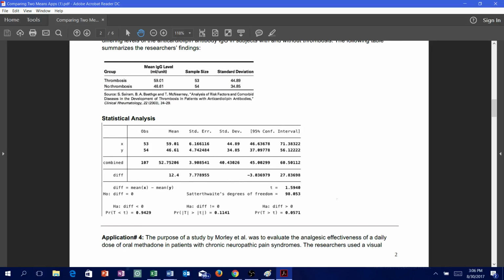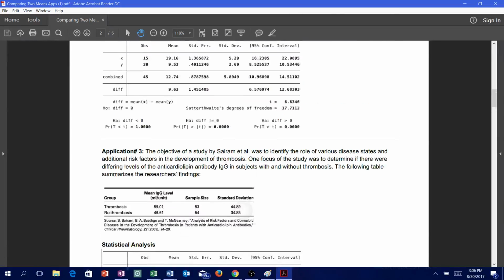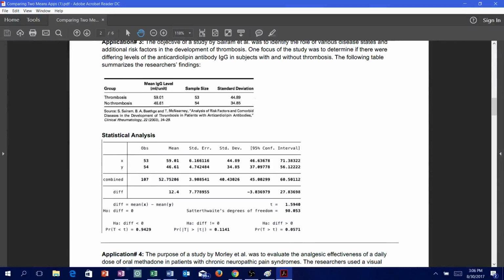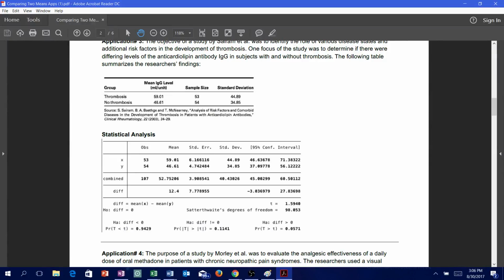So it would be non-significant because the confidence interval contains 0. Oh, it does contain 0. Yeah, it does.